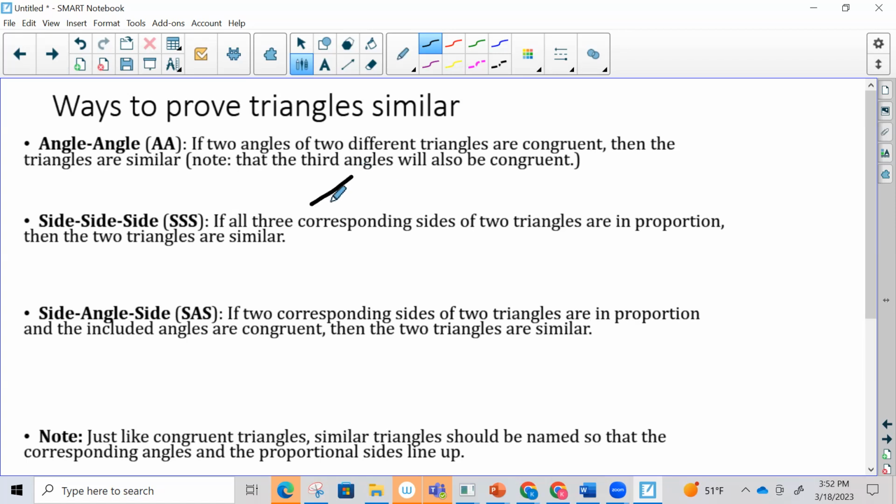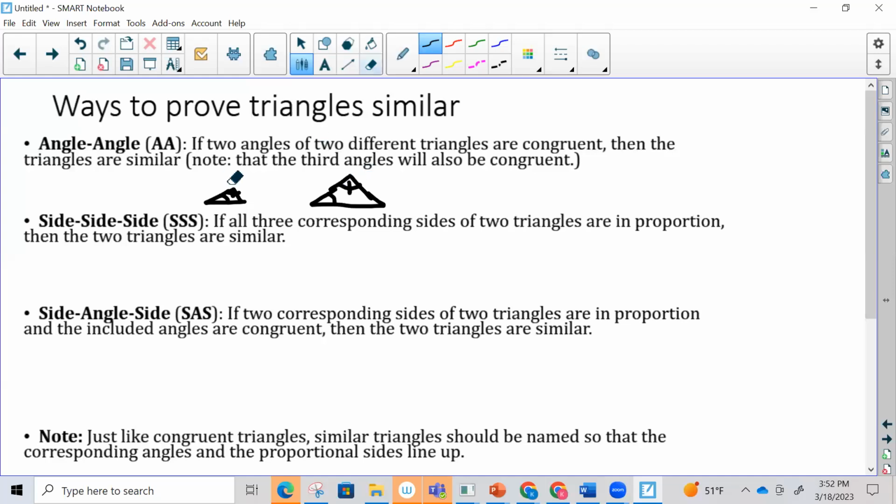So if I have 2 triangles, again, they're going to be the same shape, but different sizes. If I know that 2 pairs of angles are congruent, this is marked, this is the same marking as this one.